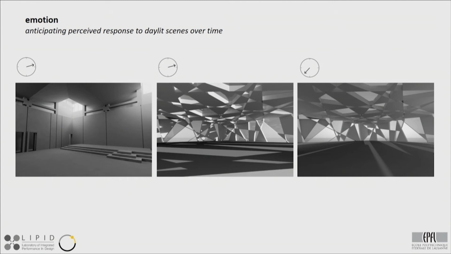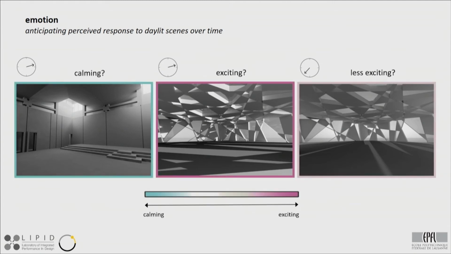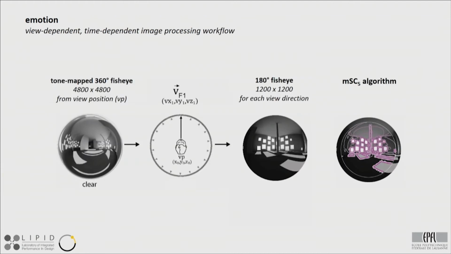And so if we go back to the 3 pillars and we compare these 2 same spaces, we may wonder if this is going to be calming over the year, exciting or maybe less exciting when it's overcast versus clear sky. And so to do that, the workflow, which I will spare you, but that Chevy has developed, is to go from fisheyes, tone map fisheyes, to get them into every view direction, and then finally extract the information that we want from it.